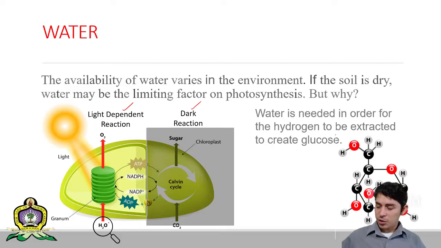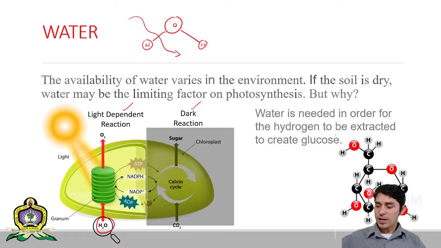So from here, you're able to see I have it on a magnifying glass. Why does the plant need water? Why exactly does it need water? Well, one thing you need to keep in mind is that water is needed in order to separate the oxygen from the hydrogen. So we know that water looks like this.